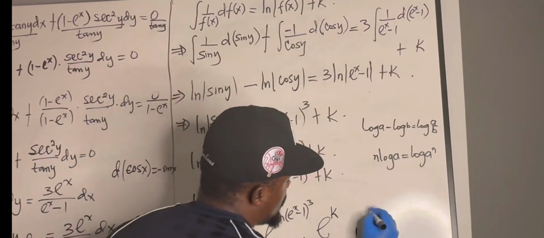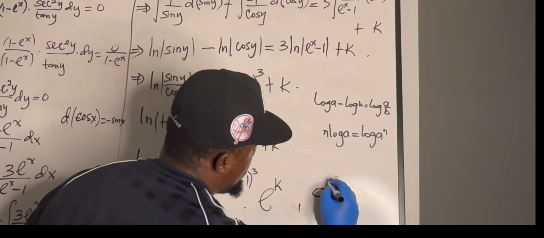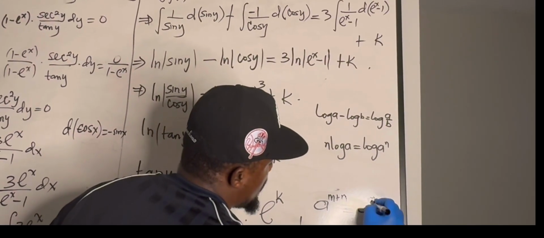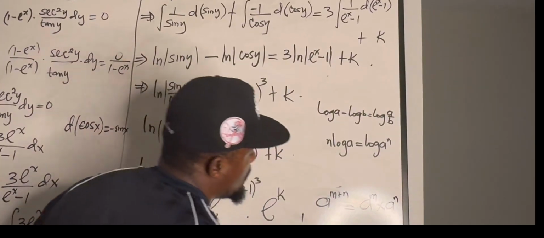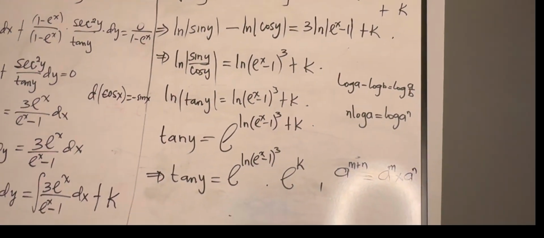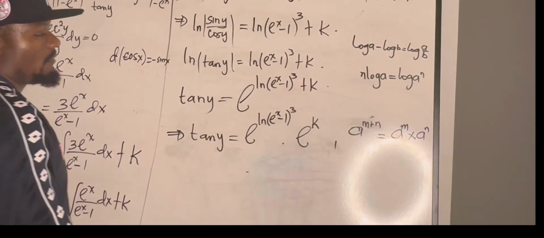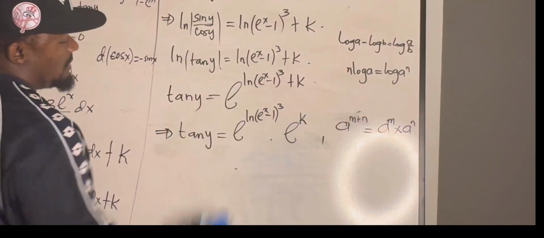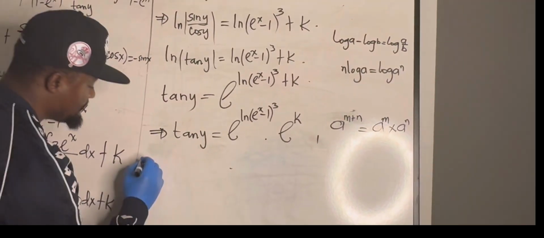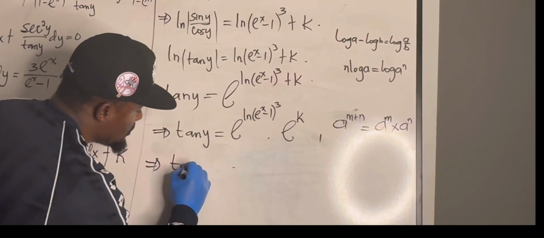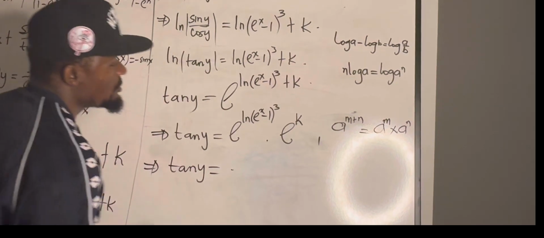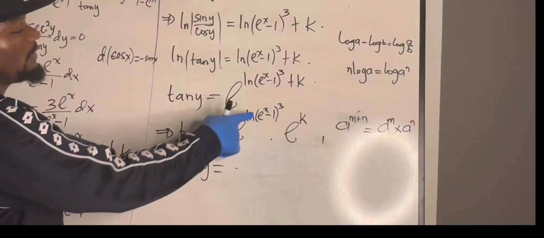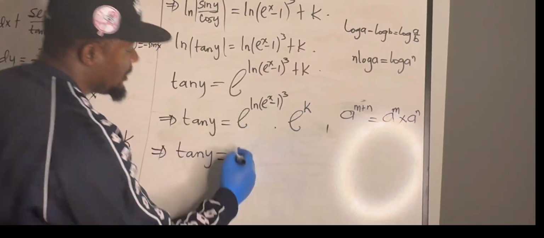From the laws of indices, we know a to the power m plus n equal a to the power m times a to the power n. We have that this is my m and this is n, and we can put it in that form. So this implies tan y equal to, the exponential of the ln of any function is that function.